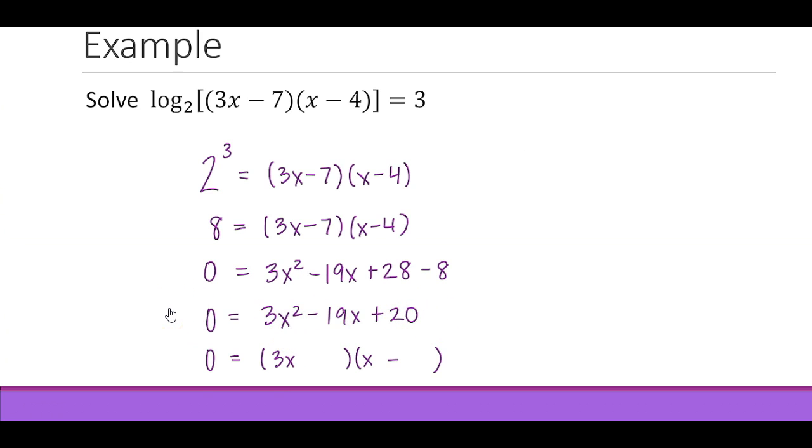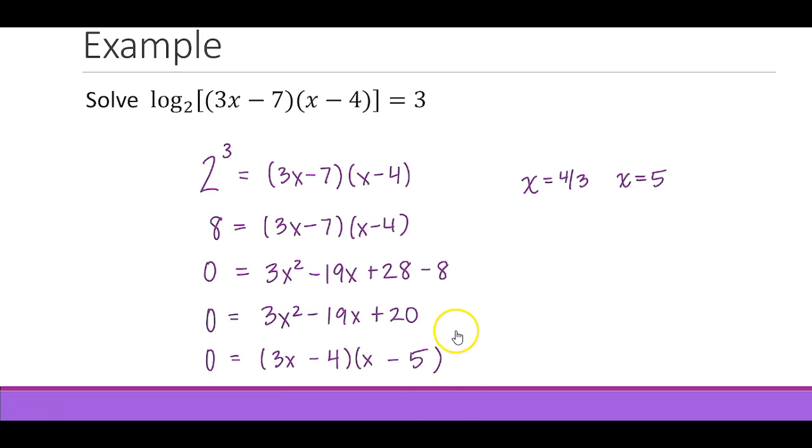So negative 5 and negative 4 in this case is what's going to work out, because outer is negative 15x and inner is minus 4x, so adding those together gives us that negative 19x. So here is my factorization.